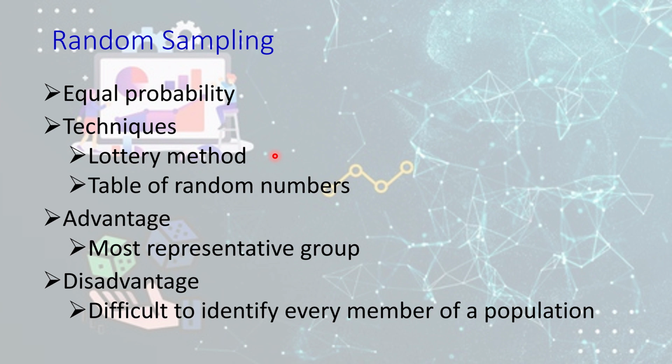Sometimes it's very hard to pick every member of a population as well. Sometimes you are interested in a sample size of 10 from a population size of 1000, so it's hard to select 10 people from 1000.